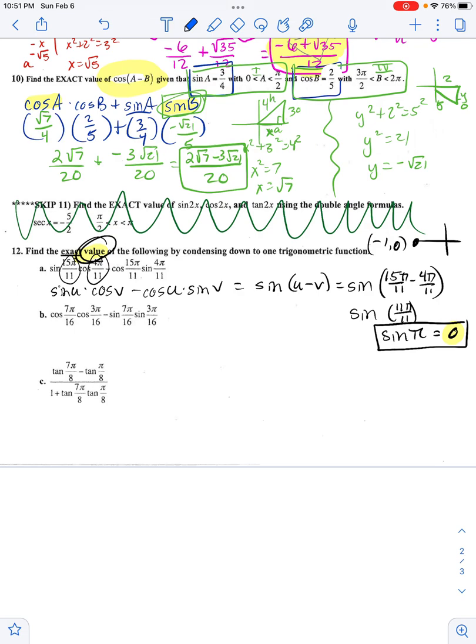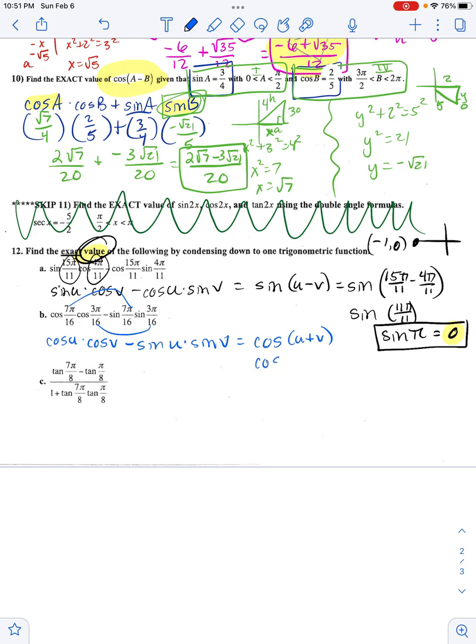Winding down. So what does this look like? This is the cosine of something times the cosine of something different minus the sine of the first thing, because these two match, times the sine of the second thing, because these two match. So look at your notes sheet, look at the formulas. That is the formula for the cosine of u plus v.